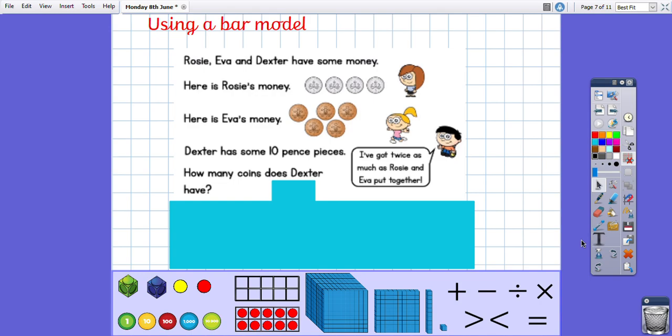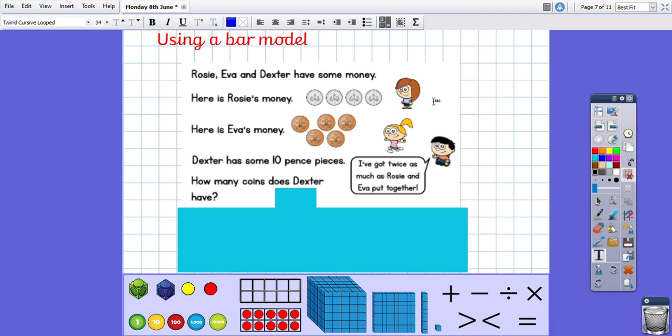So the first thing we need to do is work out how much Rosie's got. Rosie has got, you need to identify the coin, which is 5p. So she's got 5, 10, 15, 20, because she's got four 5p's. So 4 times 5 equals 20. So Rosie has got 20p.